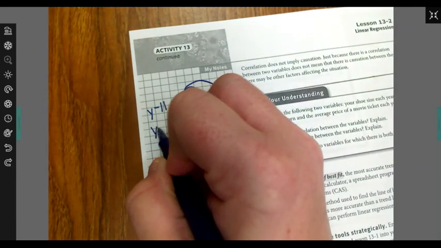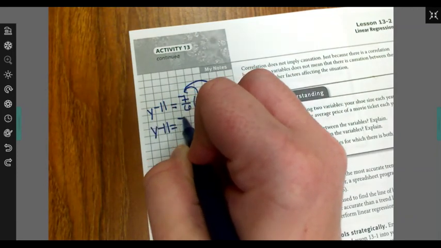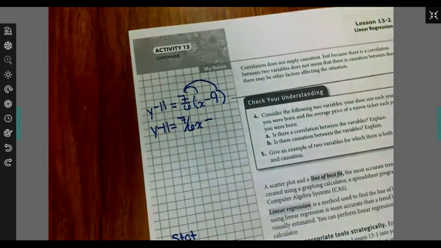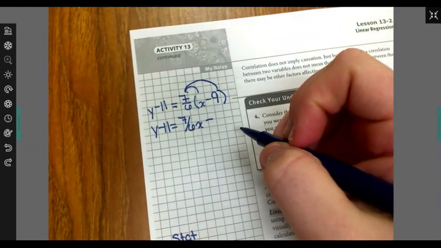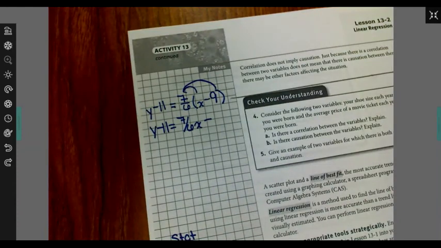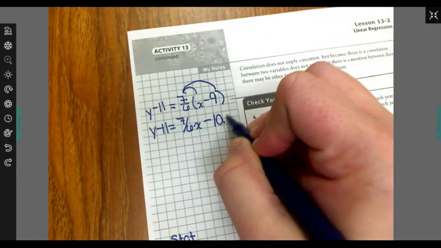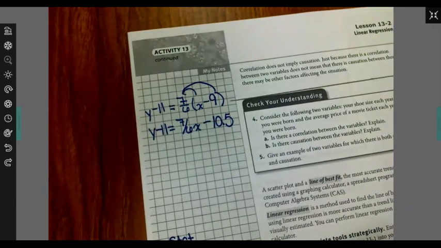So I got y minus 11 equals 7 over 6x minus 63 over 6, because 7 times 9, divided by 6, gives me minus 10.5, okay?